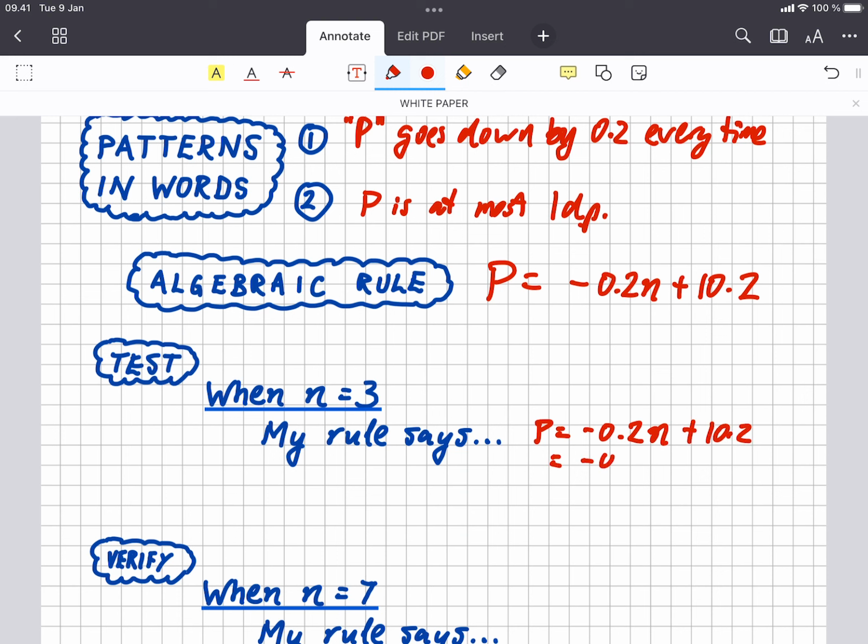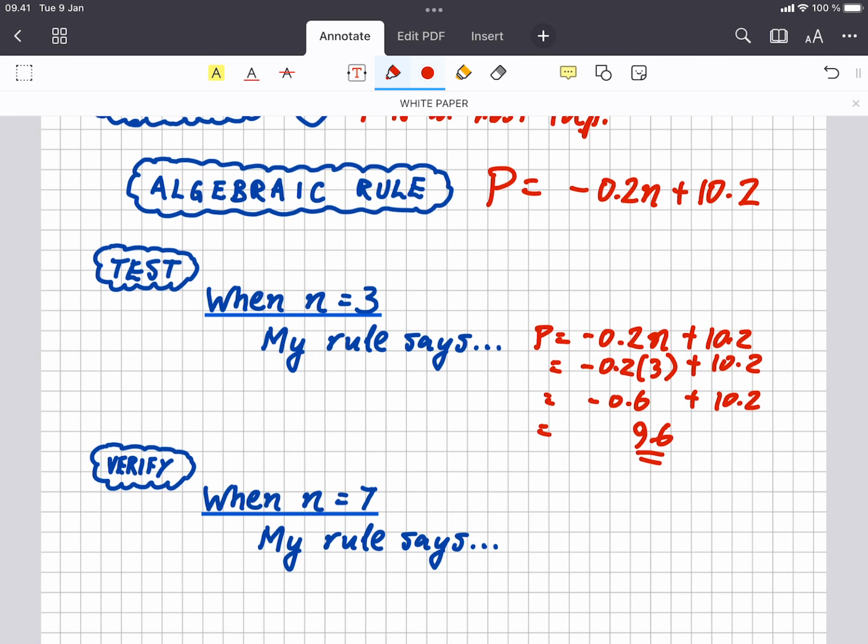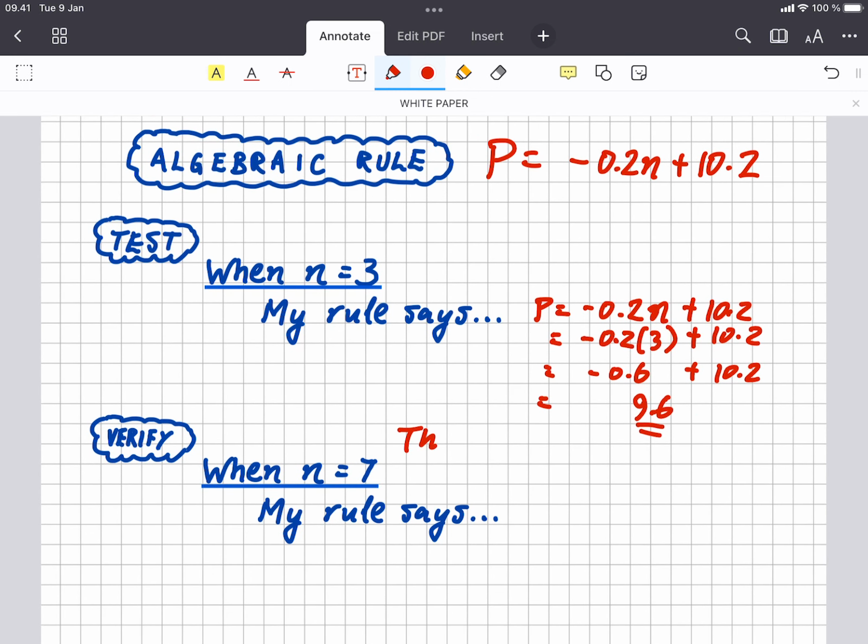So that equals minus 0.2 times 3 plus 10.2, which would be minus 0.6 plus 10.2, which would be 9.6. And 9.6 was what we got in the table. So we just make the observation this matches the value in the table, and that should get us the marks for that.